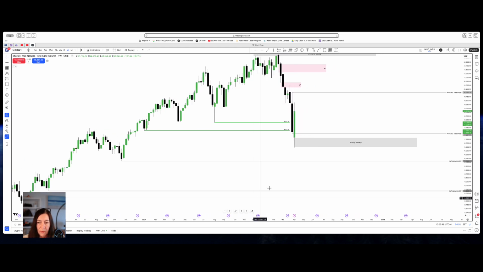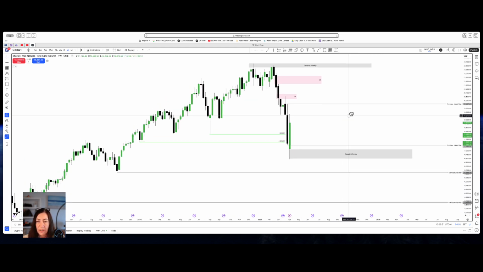Now, in terms of areas of interest, what is price likely to do? Because that's really the question we're asking ourselves. Price could potentially move back into the range to complete these areas of imbalance. But these areas of imbalance are up in the 2500s and then 2583s.